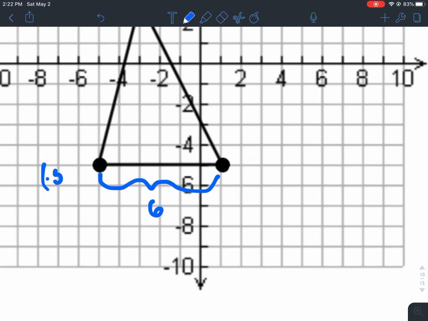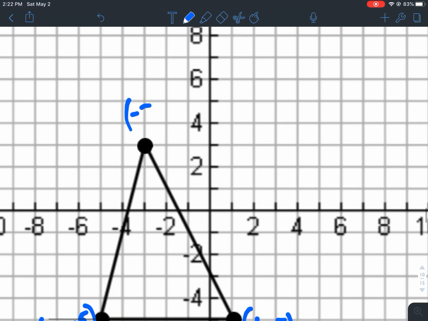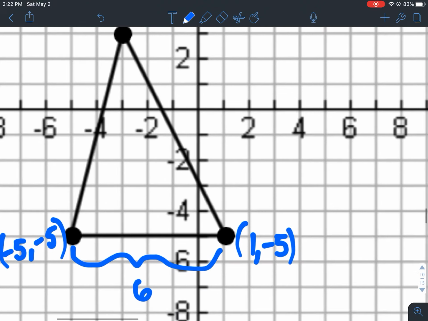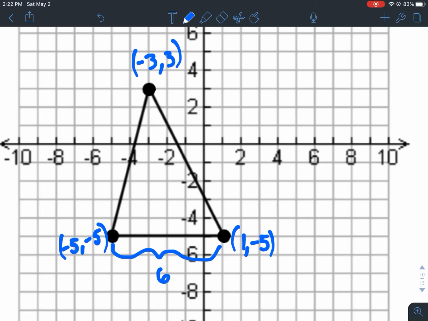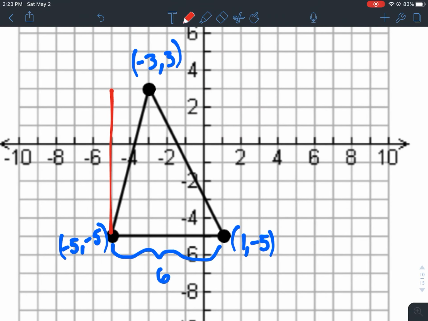This is -5, -5. This is 1, -5. And then up here it's -3, 3. So we found one of the sides, but we gotta find the others. Again, gotta use the Pythagorean theorem, create a right triangle here, so that we can find this length.